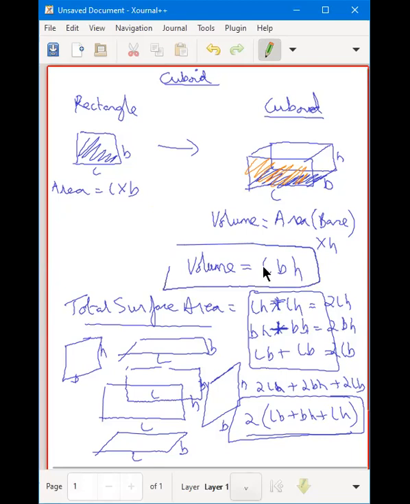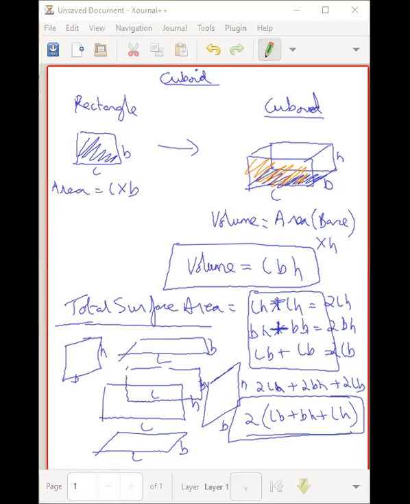The volume of a cuboid is LBH and its total surface area is 2 into (LB plus BH plus LH). It's L into B plus B into H plus L into H. Done?